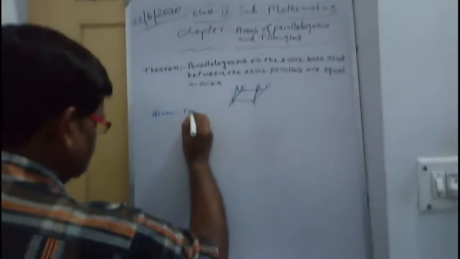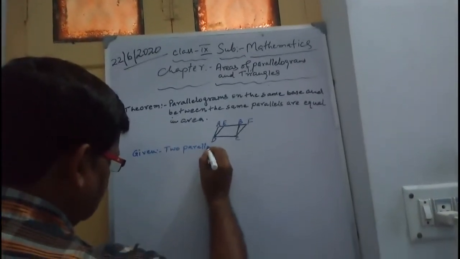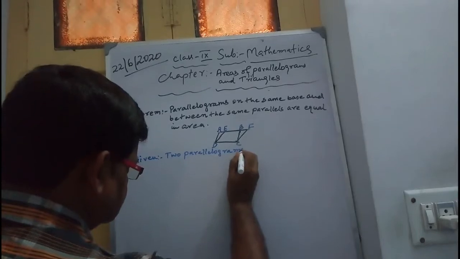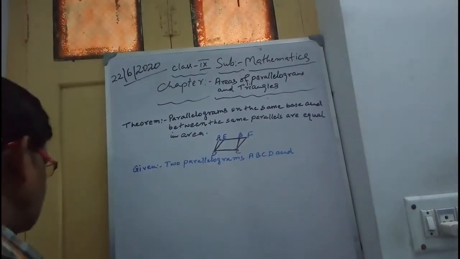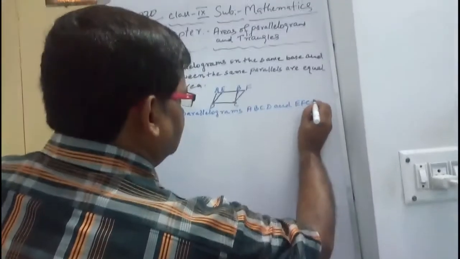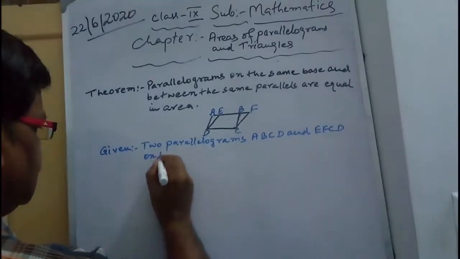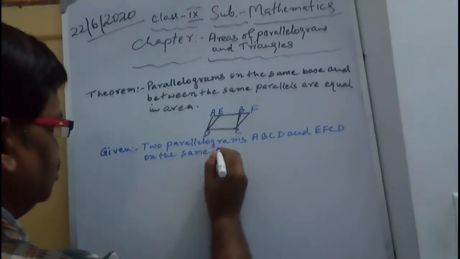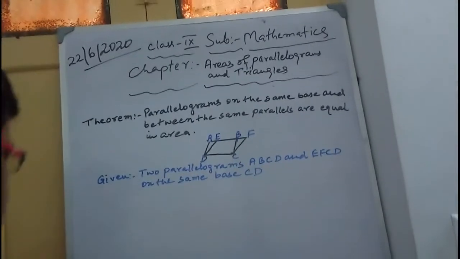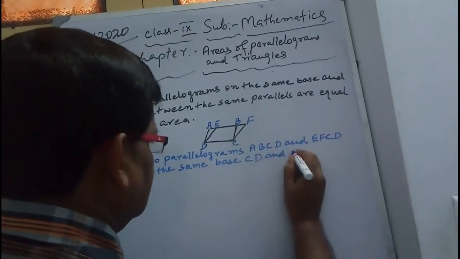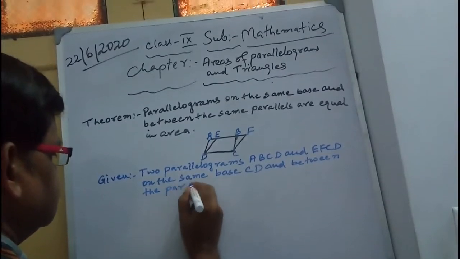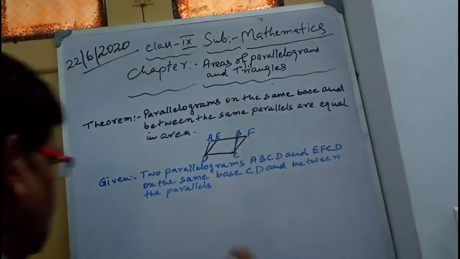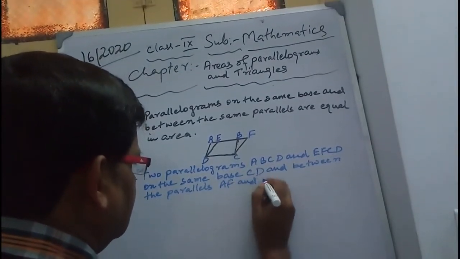Now, given: two parallelograms ABCD and EFCD on the same base CD and between the same parallels AF and CD.